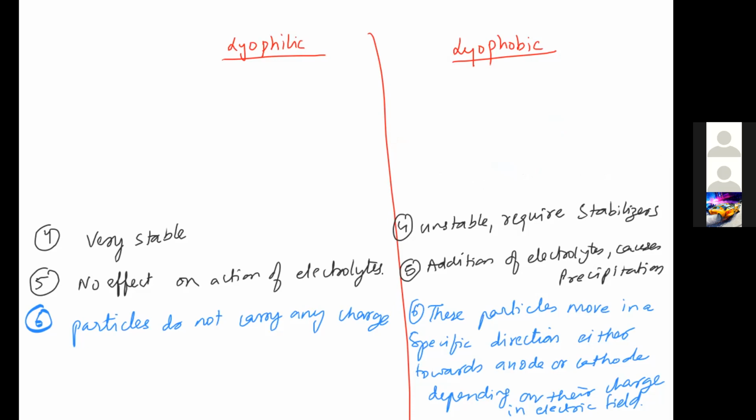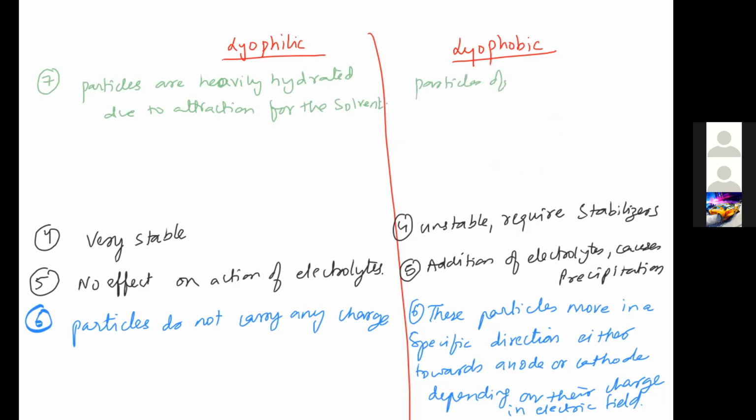The 7th point: the particles are heavily hydrated, obviously due to the attraction for the solvent by the solute. Particles of these types of colloids are not hydrated.